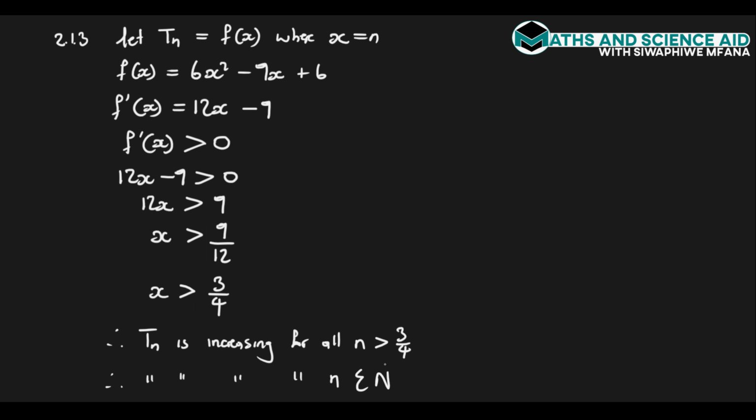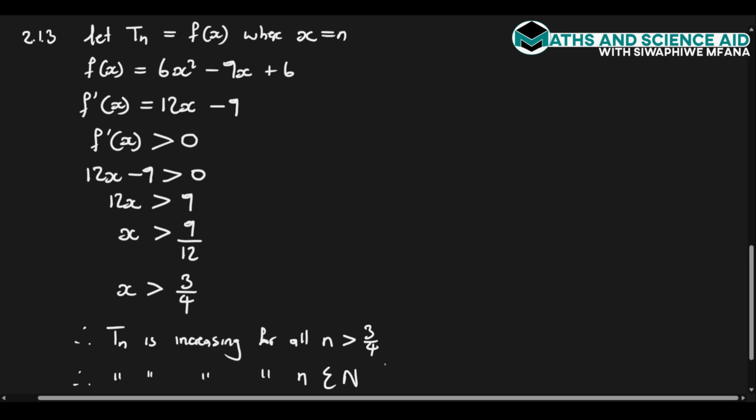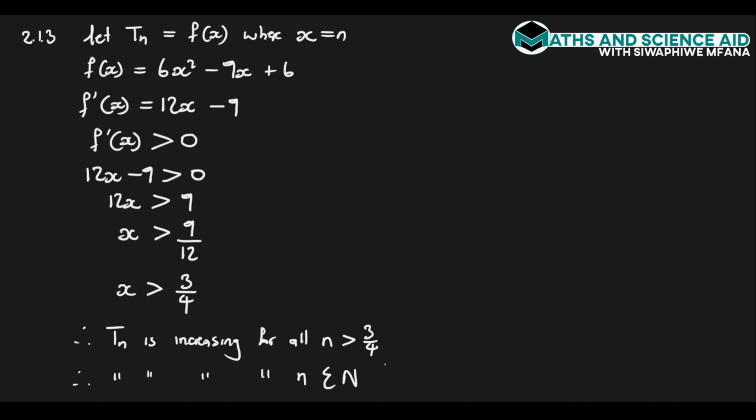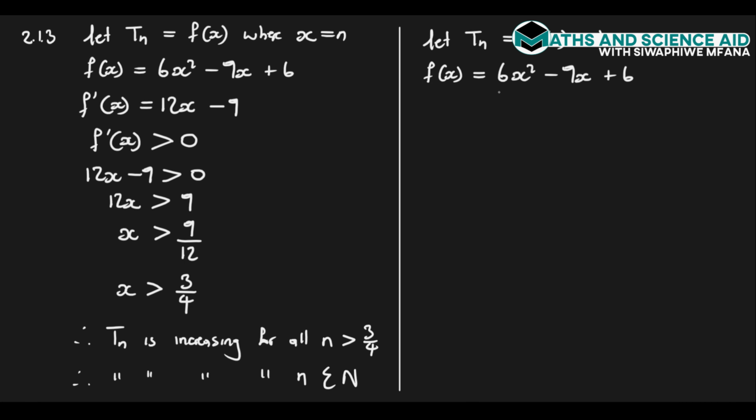But now it might happen that at the time you are watching this video, you haven't done calculus as yet. Well, if that is the case, there is an alternative approach that you can use to answer this question. We are still going to let Tn equal to f of x, where x is equal to n, and so this will be our f of x. Now, in this function, we can see that the value of a is equal to 6 and it's greater than 0.